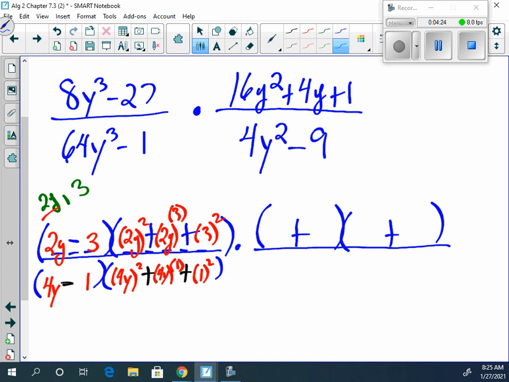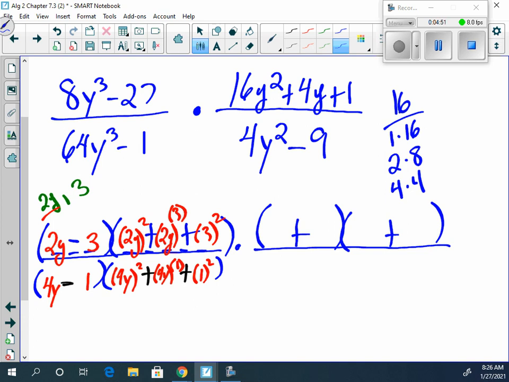That will give us 4y. So what factors of 16, yes? 1 times 16, 2 times 8, and 4 times 4. So which one of those do we want to use, and it's going to give us 4? Well, what's 4 plus 4?